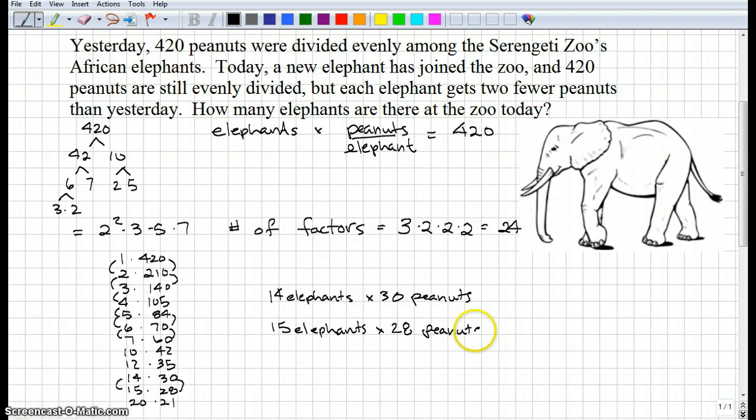Each of those products gives you 420. And you can see here we have the case where one more elephant gives you 2 fewer peanuts. So what does that mean? We're asked to find how many elephants there are today in the zoo. So the answer is 15 elephants.